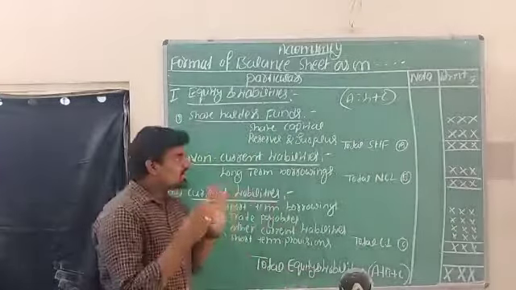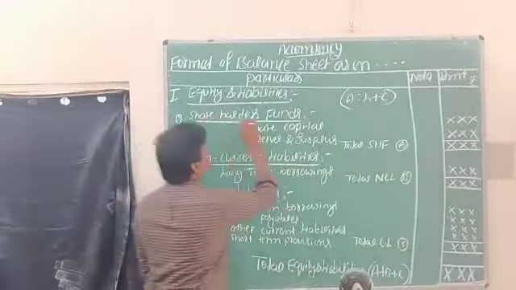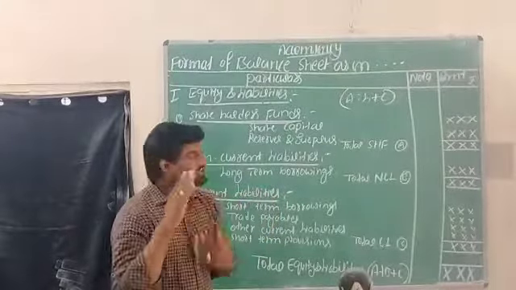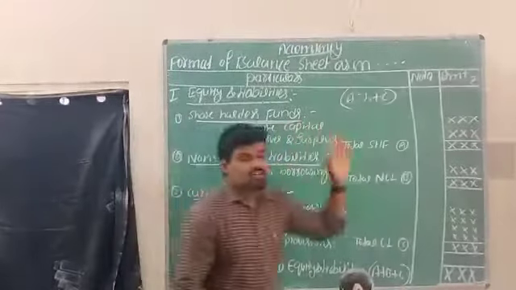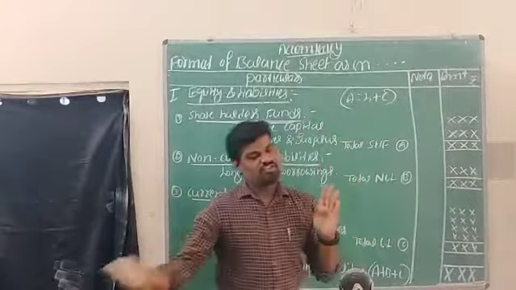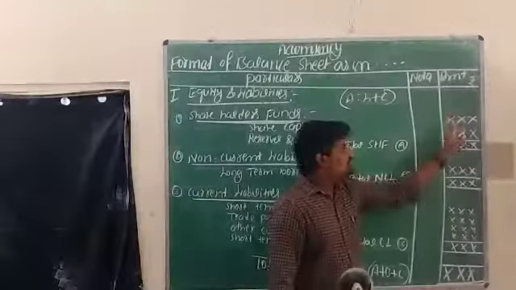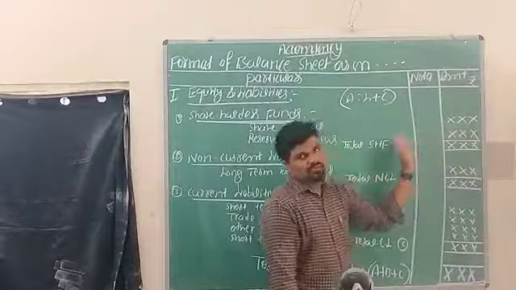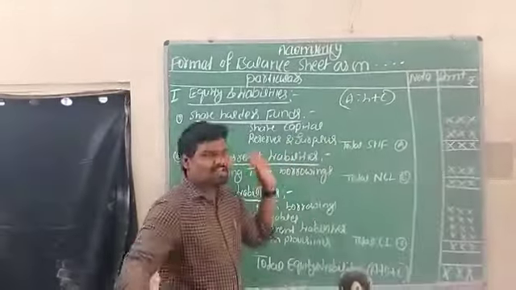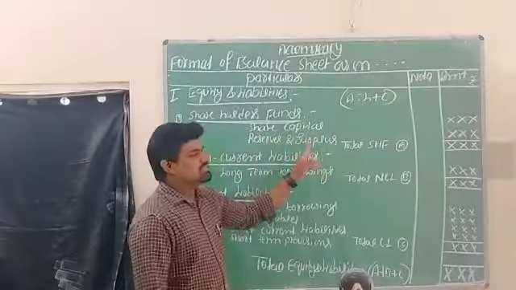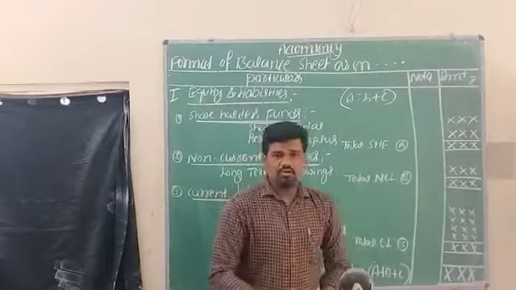Under the first one, the first heading is shareholder funds. Shareholder funds means first we have to record share capital, whether it is equity share capital or preferred share capital. In the amount column, we just need to write XX, because this is only a format. You don't need to write any values. The second one is reserves and surplus, which includes the profit and loss account for the year.